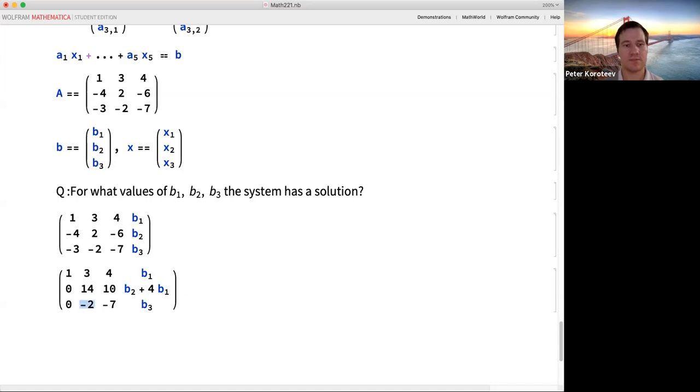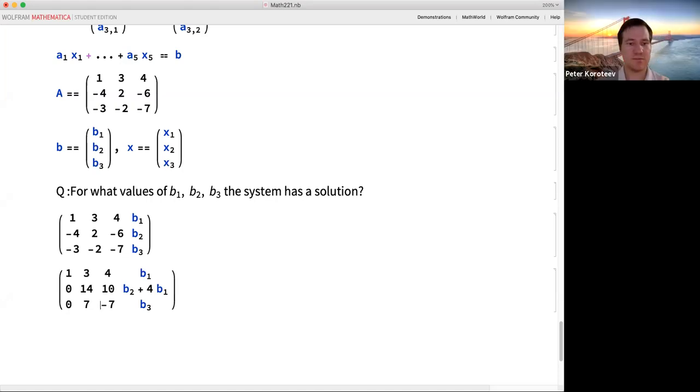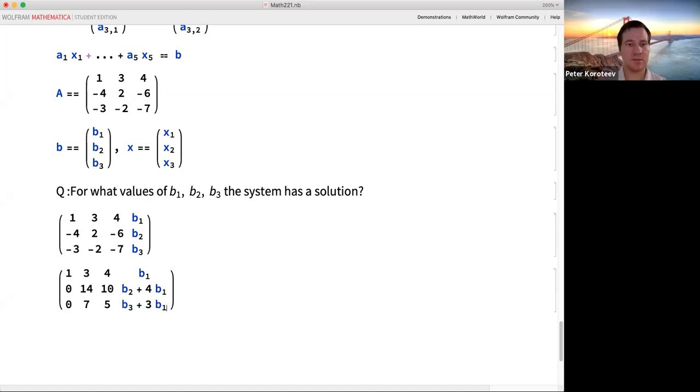So 0, what's here? 7 and 5. 7, okay, 5. And then the bottom? 3b1 plus b2. Yep, 3b1. Good. So that's echelon form.